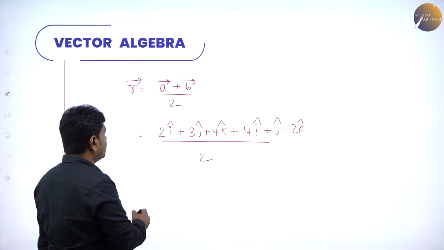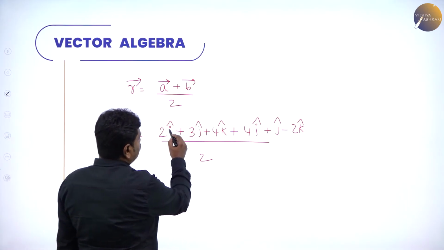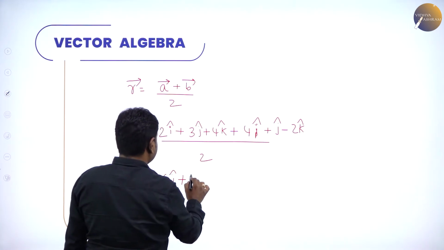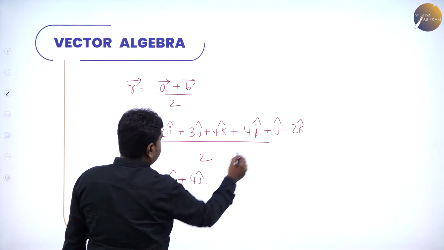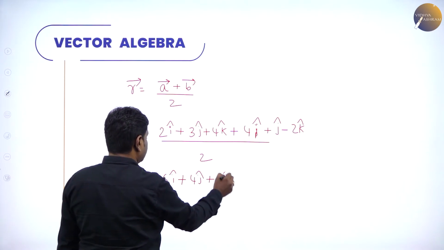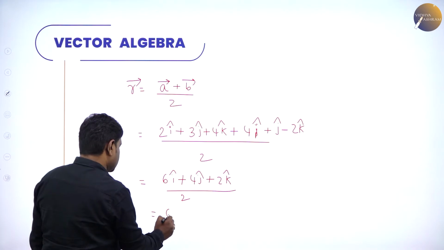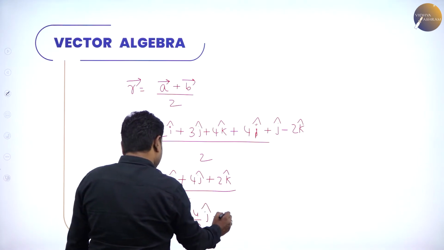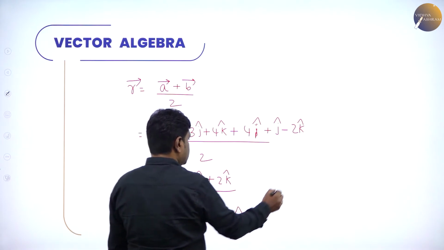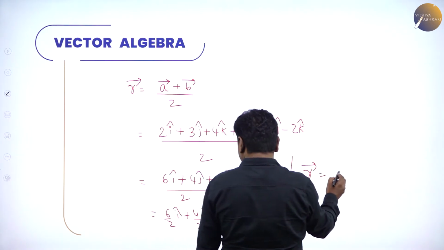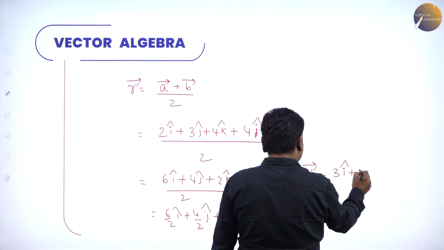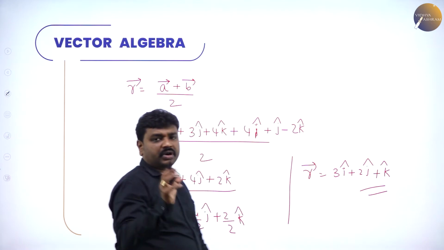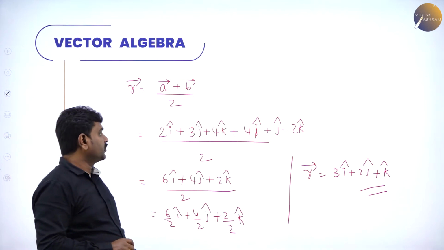Now if you simplify this, 2 plus 4 is 6i cap, 3j plus j is 4j, and 4k minus 2k is plus 2k, by 2. Split this: 6 by 2 i cap, 4 by 2 j cap, 2 by 2 k cap. That is, vector r is equal to 3i cap plus 2j cap plus k cap. This is the position vector of the midpoint of the line joining the vectors.